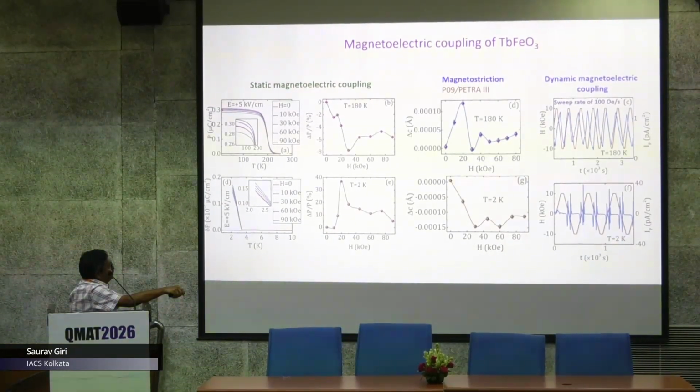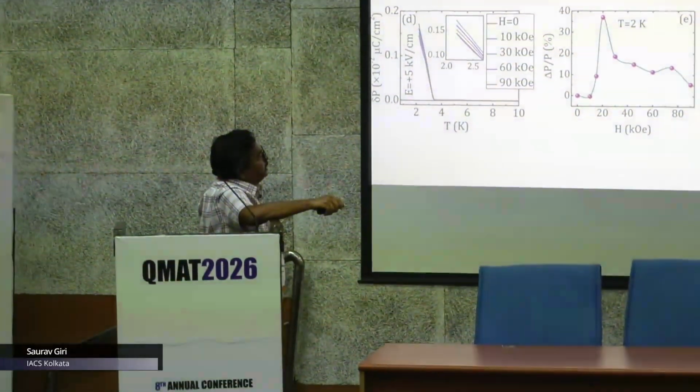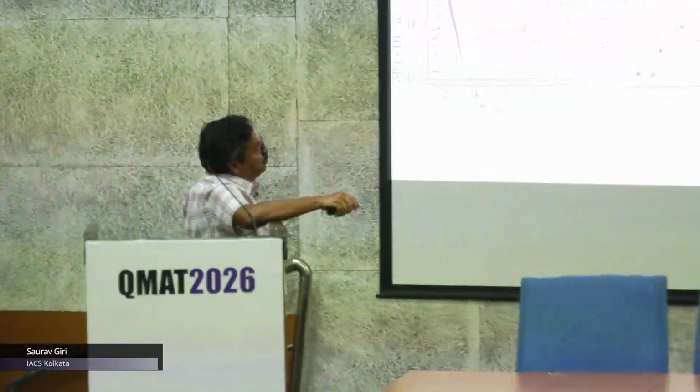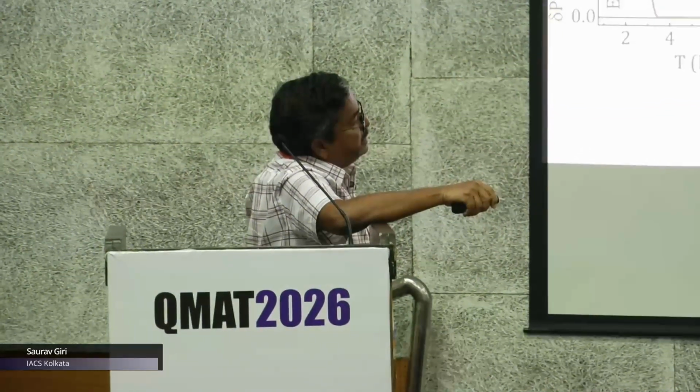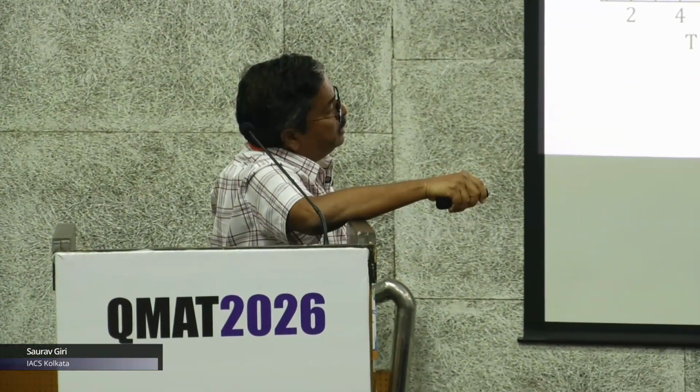However, at low temperature the results were different. When we change the field, there was almost no change. It only shows changes when the magnetic field crosses the 0 value, just above and below. Just above and after there is a signal, and that is systematic. So these are the dynamic results of the magnetoelectric coupling.